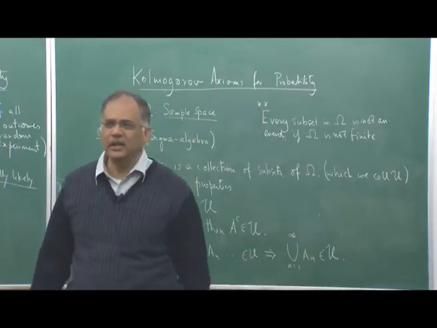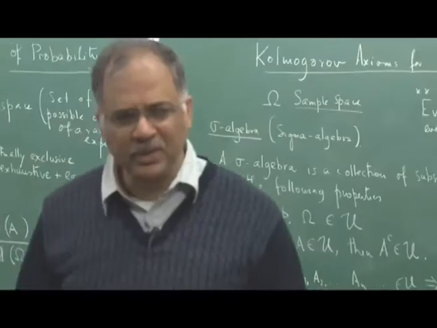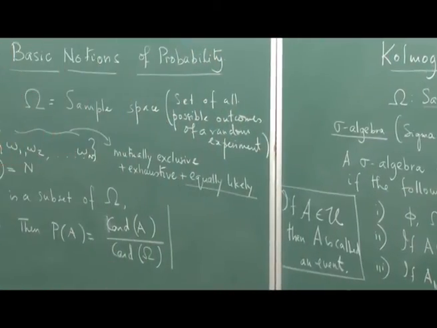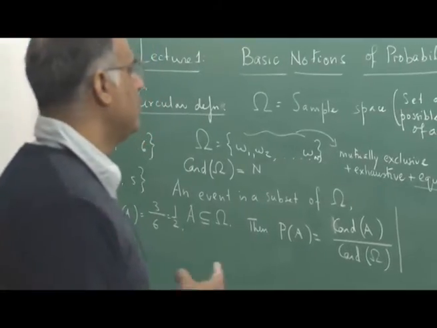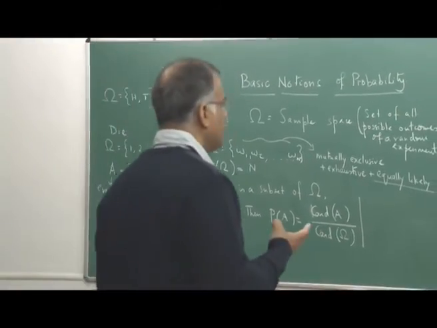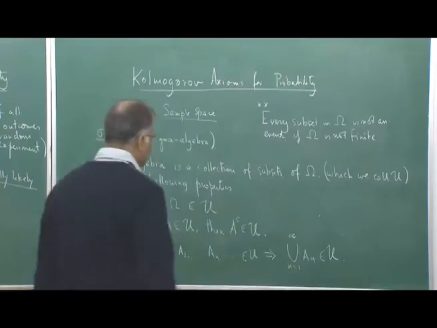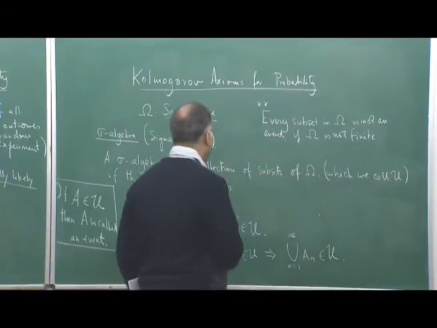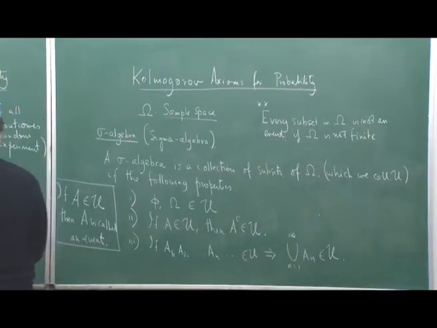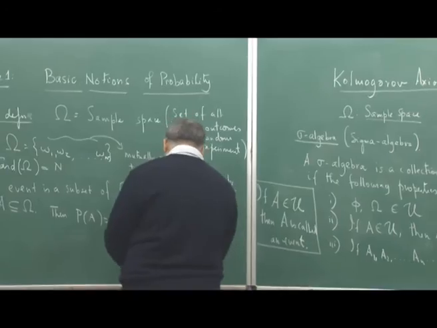If it is finite, then every subset is an event. If it is not finite, meaning it does not have a finite number of elements, then you cannot say that this is an event. Now let us write down Kolmogorov's laws, which are also very important.